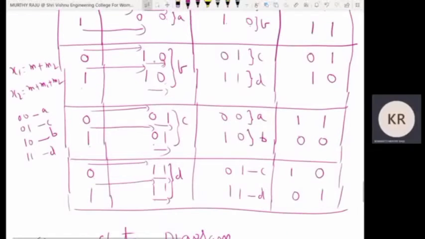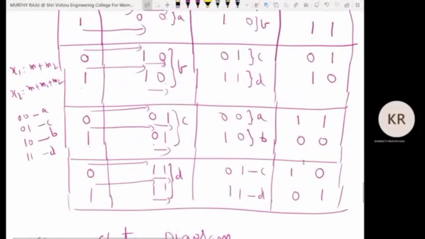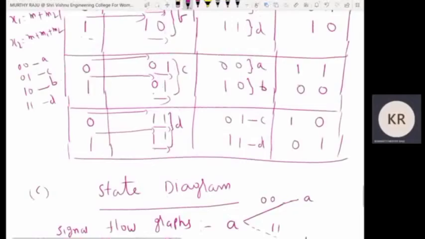Your state B, input bit is 0, goes to next state C with 0 1 as the output. State B, input bit is 1, goes to next state D with output 1 0.